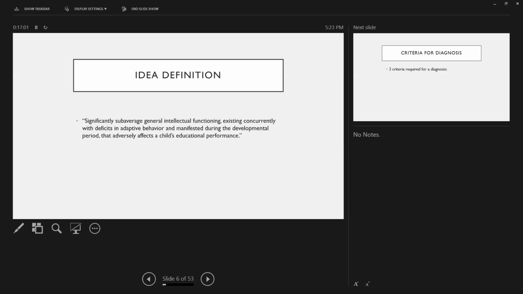So the key here is that there needs to be this kind of deficit in intellectual functioning that leads to deficits in a number of different adaptive behaviors, and we'll talk about what those specific behaviors are as we move through some of the slides. So it's not just intellectual ability. It's got to be intellectual ability coupled with these deficits in adaptive behavior.